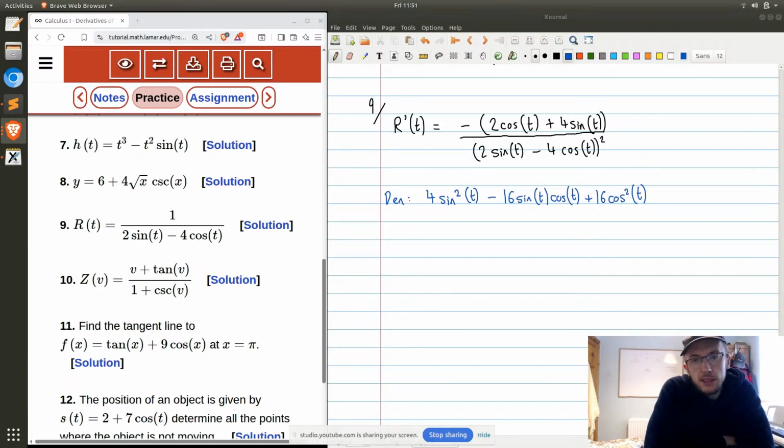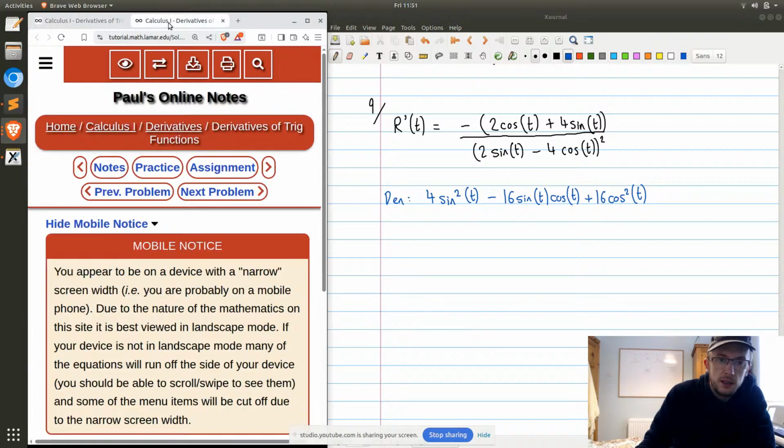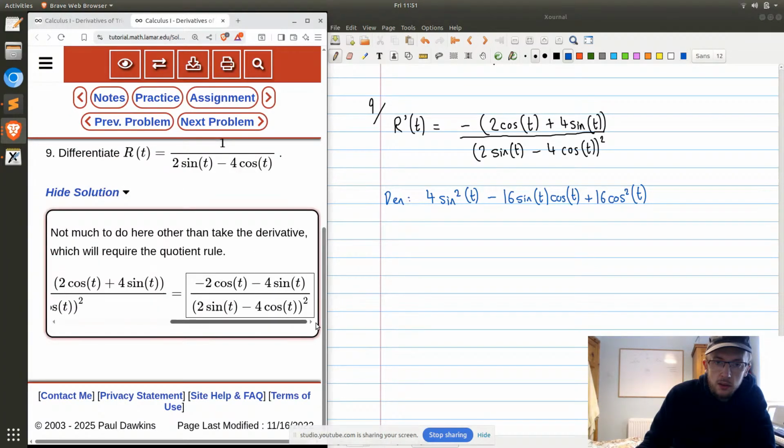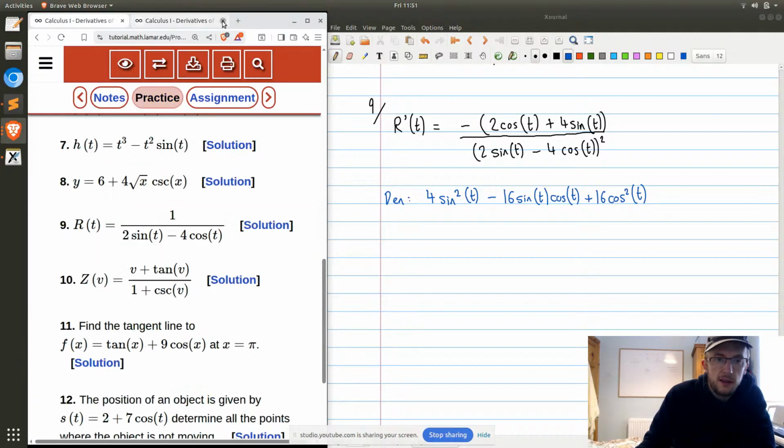So we have 4 sine squared t plus 4 cos squared t on the base, which amounts to being the number 4. But then we have 12 cos squared t left over. Do they want this in a simpler form? Because it seems as simple as it gets when it's like that. We'll just glance. And apparently no. That's as simple as it gets.